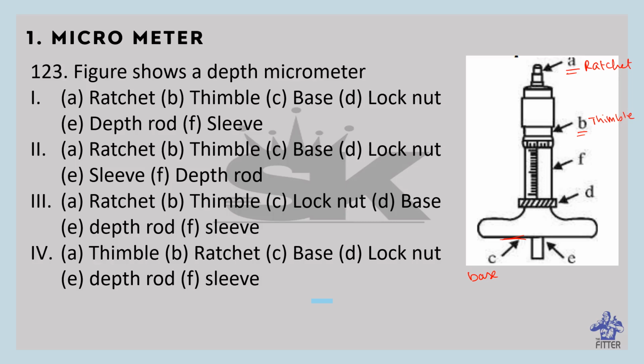Option D is lock nut. Option E is depth rod, the extension rod. And the remaining option F is a sleeve. So ratchet, thimble, base, lock nut, depth rod, sleeve. Option 1 is the right answer.